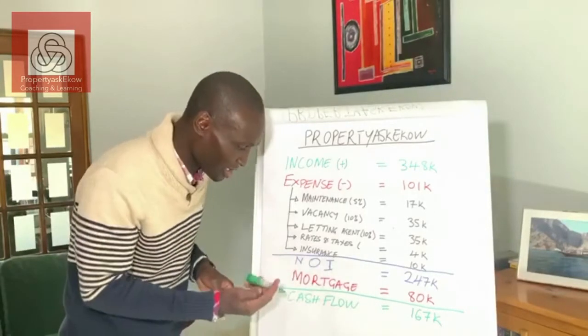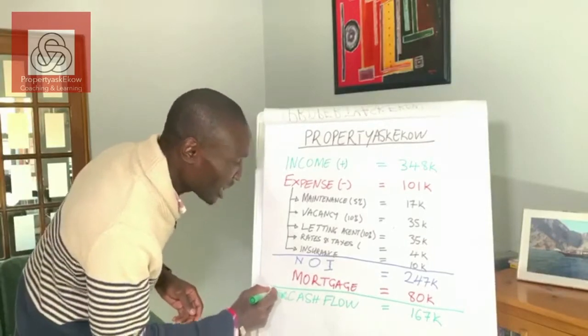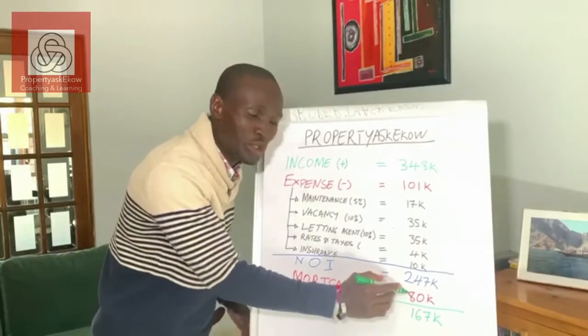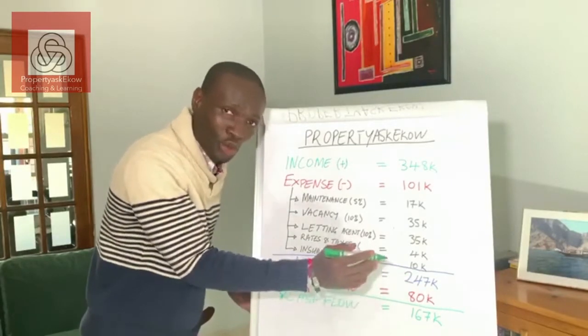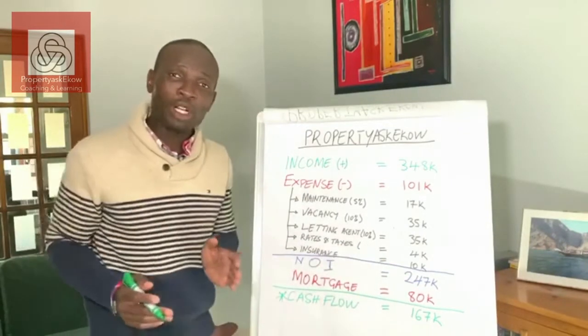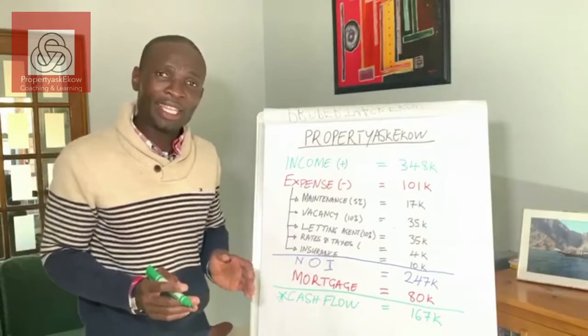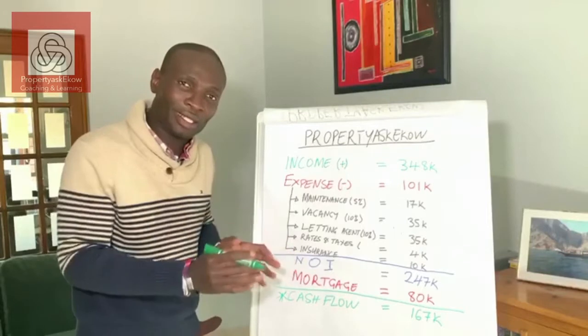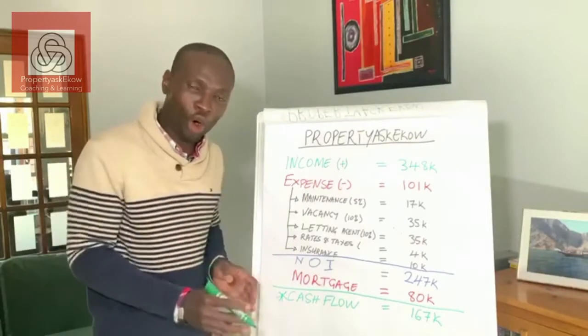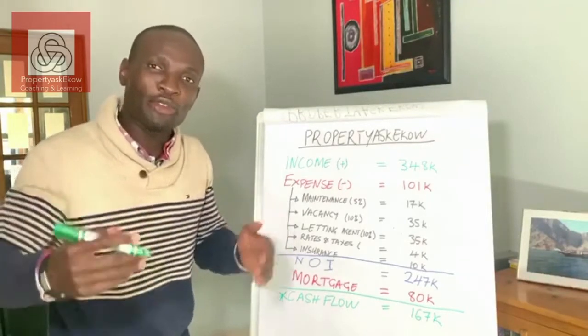And you should notice that our free cash flow was more than 2 times our mortgage that we took from the bank. And this is what I mean by saying that if you can demonstrate that your deal has little or no risk at all, the bank is going to give you the loan.